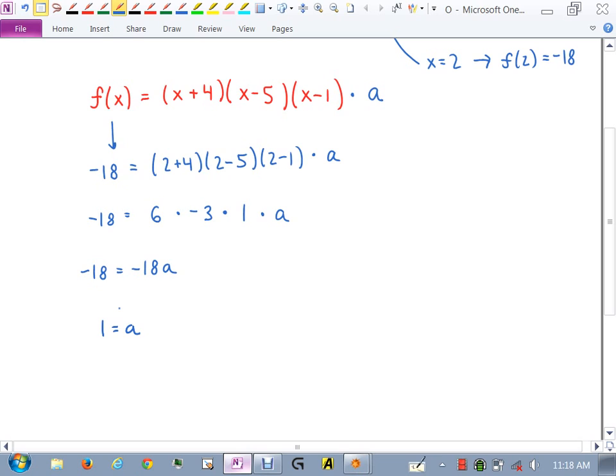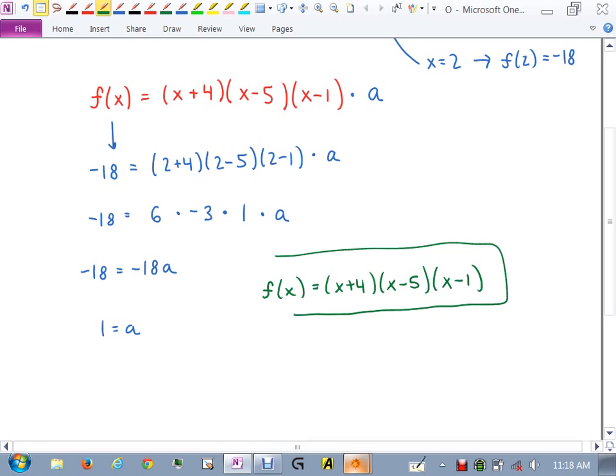See, now I've locked down what a has to be. Does that make sense? Let me write the function down as our final answer. It is x plus 4 times x minus 5 times x minus 1. Yeah, you'd put it right here. Yeah, good question. Thank you.